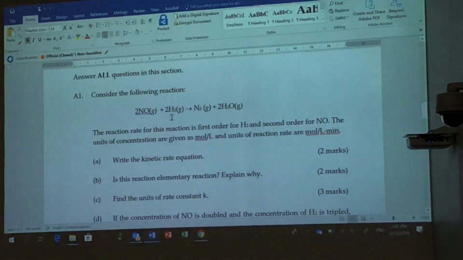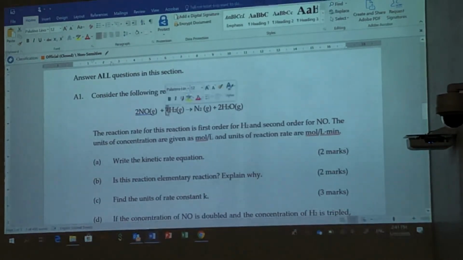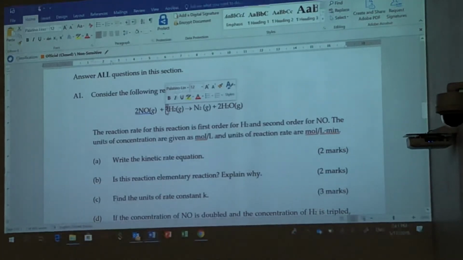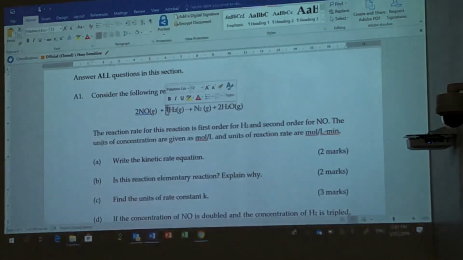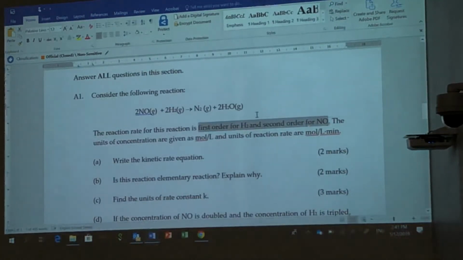So how to write? Although here is 2, it doesn't mean that when you write the rate equation it will be Ra equals k CA squared, CB squared. Wrong. Please follow what is given.